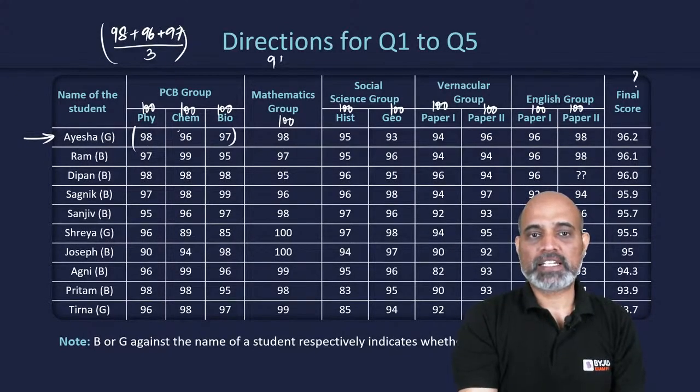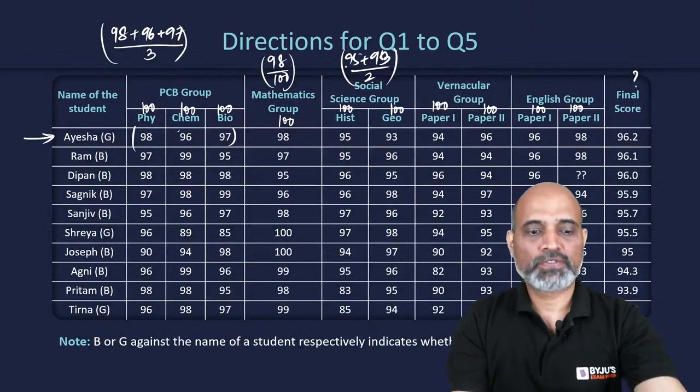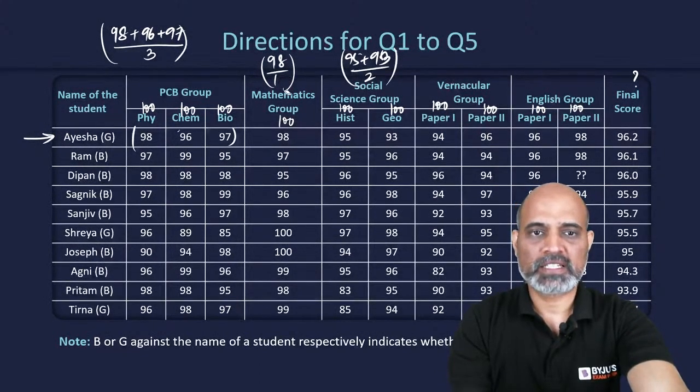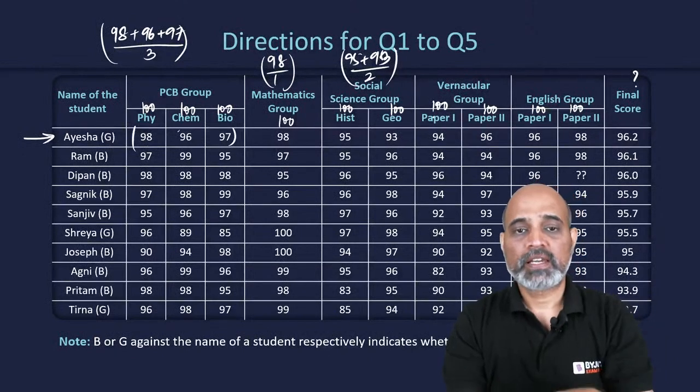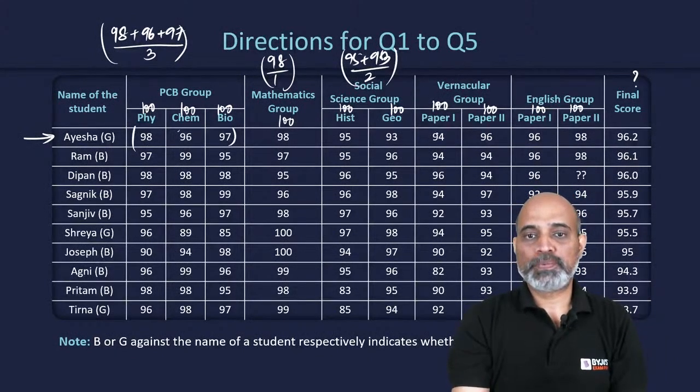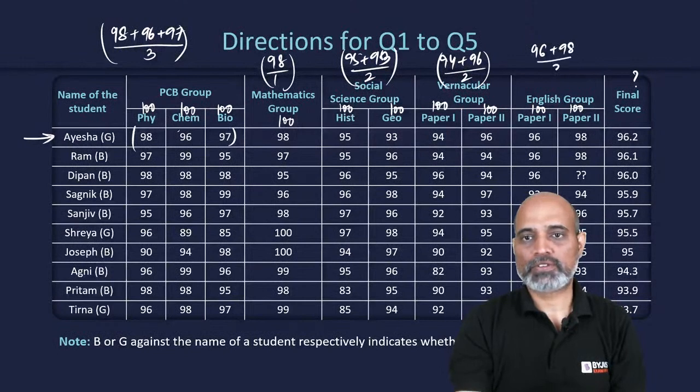For mathematics, it will remain 98 out of 100 only. For the social group, it's going to be 95 plus 93 out of 2. So instead of saying out of 100, let's keep this as 98 upon 1. For the vernacular group, it's going to be 94 plus 96 out of 2. And for the English group, it's going to be 96 plus 98 out of 2.